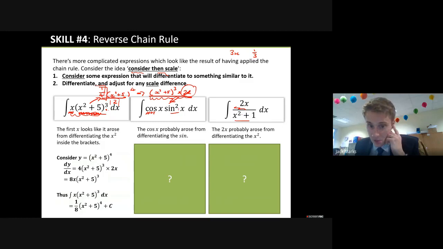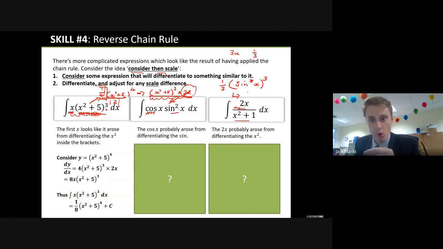So cos x sine squared x. I said you need an identity, but for this one it's actually easier. Look what happens. If you try making it sine cubed x, I'm going to write it like this, I always prefer it this way, well, you need to do a third. That's your good guess. If you differentiate that, the 3 and the third will cancel.